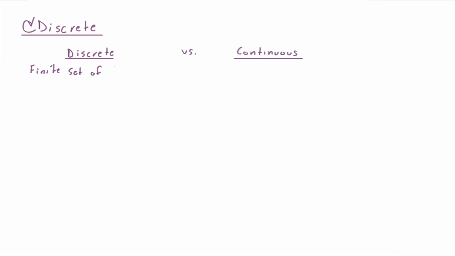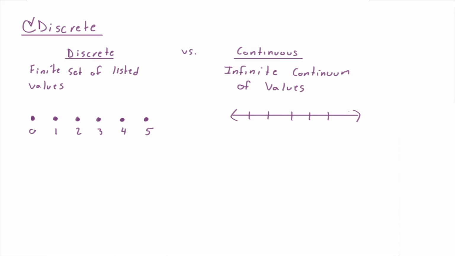But first, let's break down that first bit and recall that the word discrete refers to a type of variable. Think discrete versus continuous as the two types of random variables. Discrete, like this case, is when we have a finite number of listed values. Contrast that with continuous, which would be an infinite number of values, like a quantity that is represented by an interval on a number line.